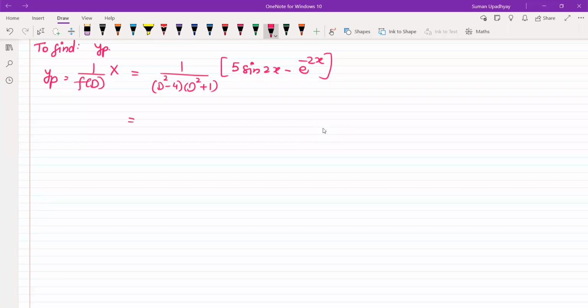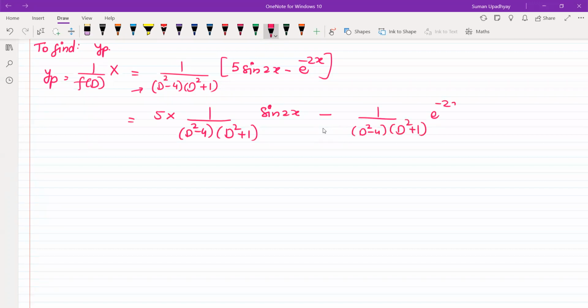Now I'll just multiply this inside the bracket. What I will get: 5 is constant, so I'll keep it out. 1 upon d square minus 4 times d square plus 4 into sin 2x, minus 1 upon d square minus 4 times d square plus 1 into e raised to minus 2x.